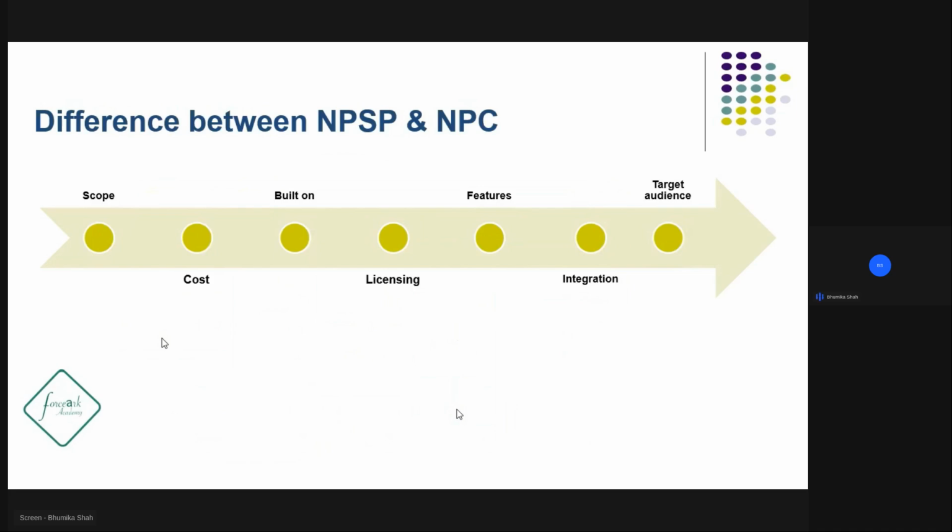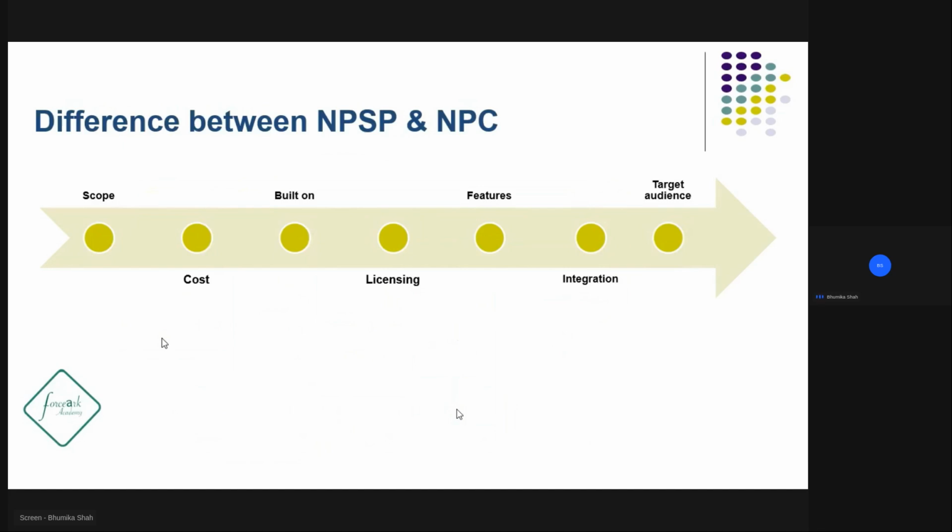NPSP is a part of Nonprofit Cloud but can be used independently for organizations that primarily need fundraising and donor management tools, whereas NPC is built on the Salesforce platform, allowing for integration with other Salesforce products like Marketing Cloud, Data Cloud, and Experience Cloud.